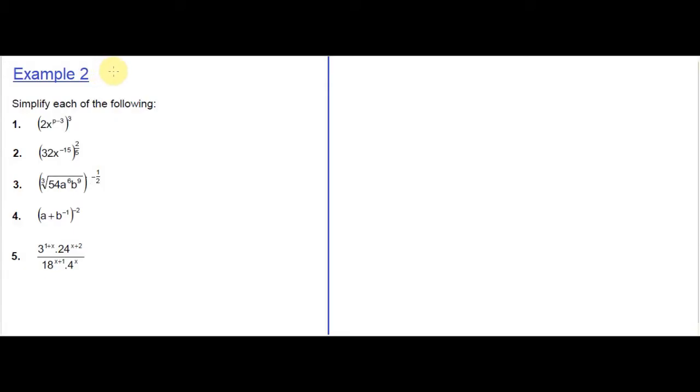Let's look at example 2. It deals with literal expressions. In other words, we now have letters in these expressions. Let's look at the first one. We're simply going to apply the power outside the brackets to each factor inside the brackets. Of course, there's a 1 here that we don't write.